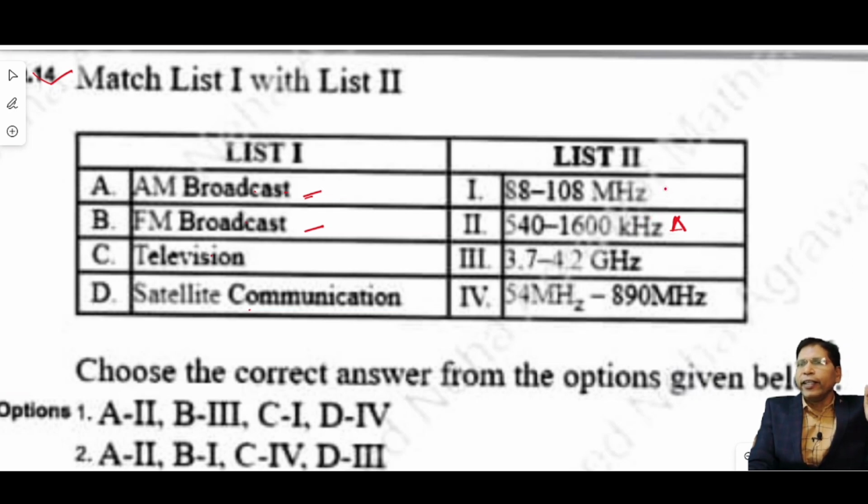So this is B. Okay. And satellite communication needs the largest frequency. So this is D. So television is C. Now look at this, A to B1, C4, D4. Okay. So this option is correct.